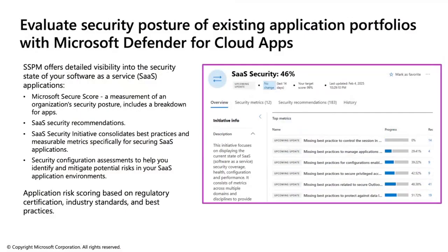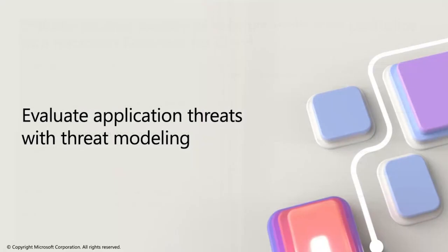Now what is next? Evaluate application threats with threat modeling. When you go for plan and deploy, in the very first phase of application deployment, application planning, we see threat modeling. Threat modeling is very important for any developer and any organization when they are planning application design or application development.